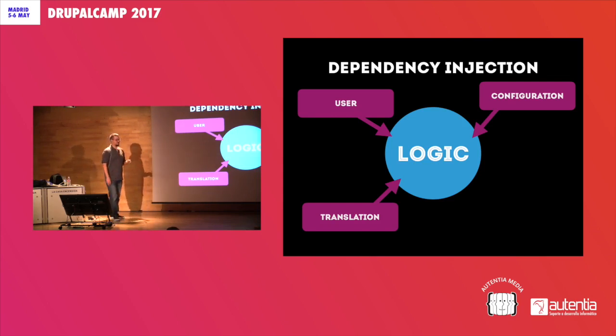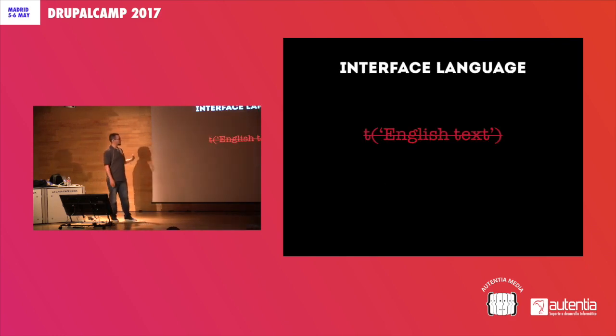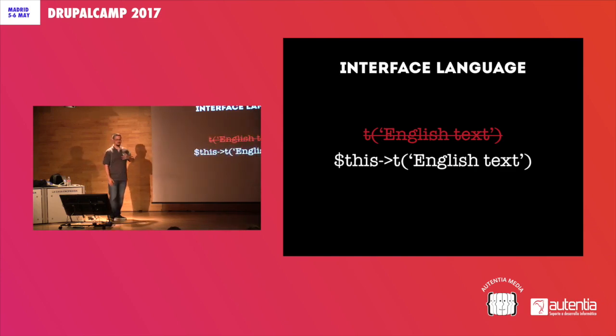So why am I telling this? Because instead of calling the T function in Drupal 8, we should call this T method. And this means that we have injected the translation service in our class, and we have the T method in our class itself. But we don't have to implement that for every class in the system.